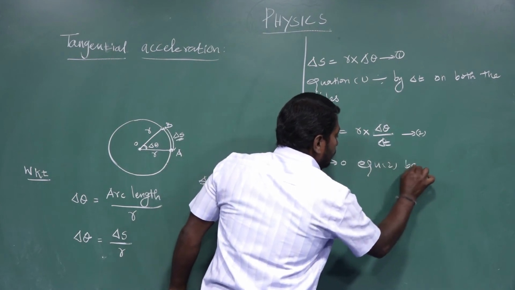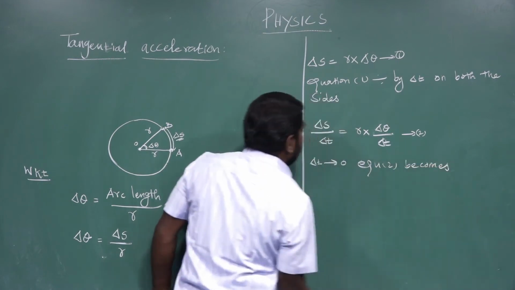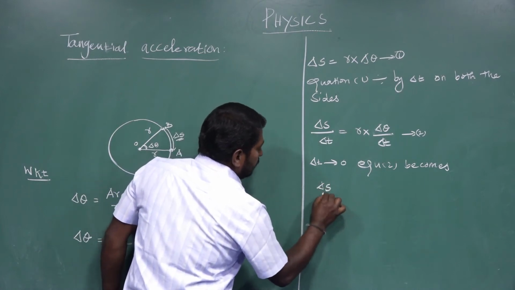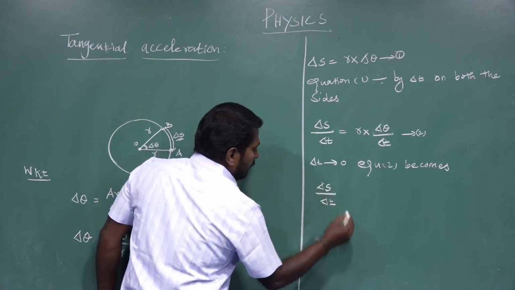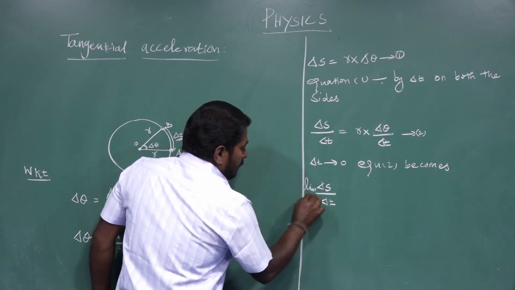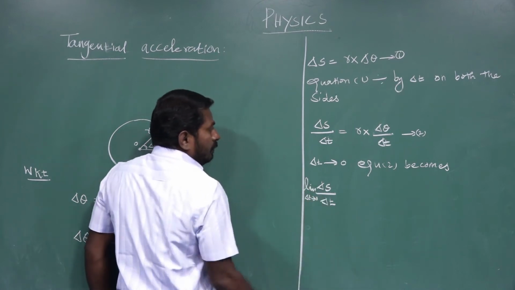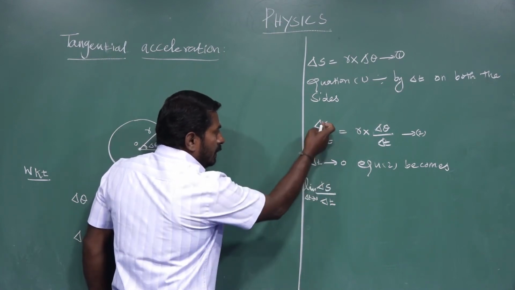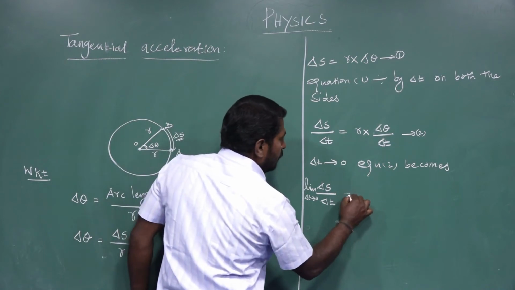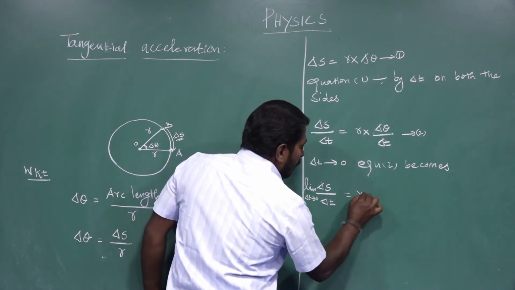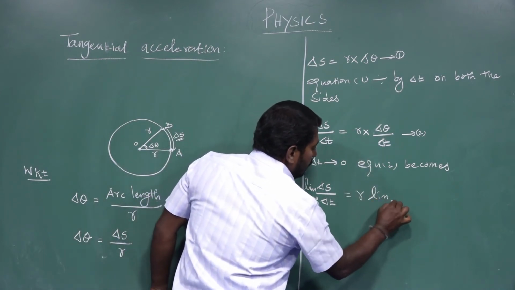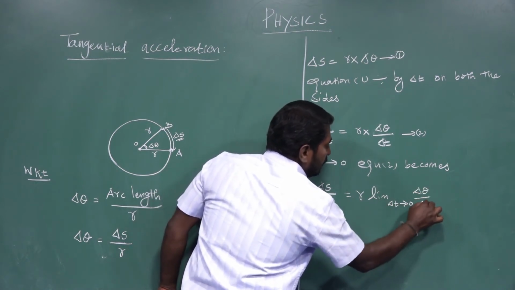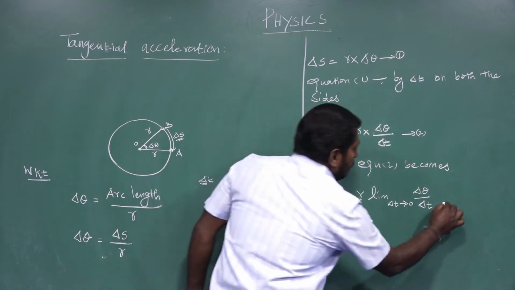Equation 2 becomes: limit delta t tends to 0, delta s divided by delta t, is equal to r into limit delta t tends to 0, delta theta divided by delta t, equation number 3.